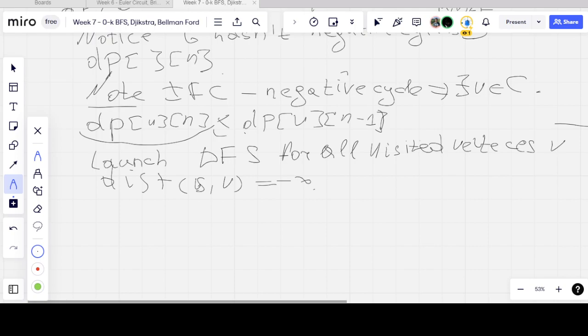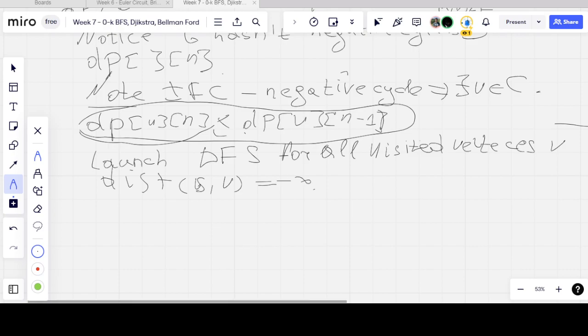We check this condition for every vertex, and for all of these vertices we launch the BFS.